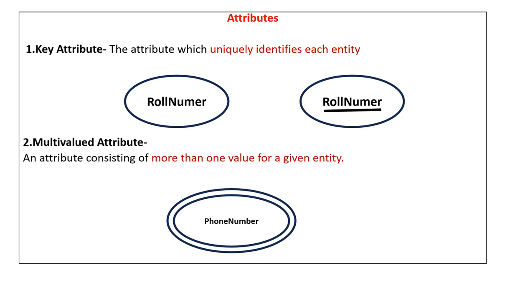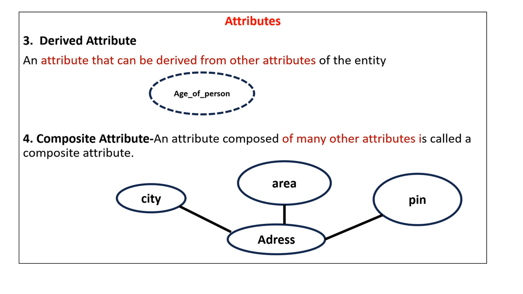It means that one person can have many phone numbers, correct? So you can consider it a multi-valued attribute. Next is derived attribute. The name says derived, so it is derived from another attribute. One attribute derives another attribute. For example, age of a person.